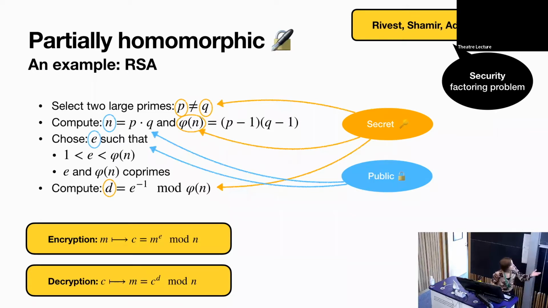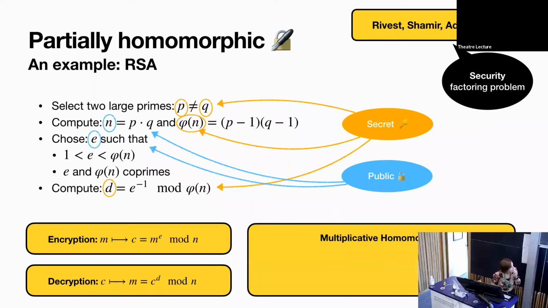But what is nice for RSA is that if you take two ciphertexts encrypted under the same public key, and you multiply them, like you multiply C1 times C2 without knowing the message or the secret, this will produce a ciphertext encrypting the product of the original messages. So this is what we call the multiplicative homomorphic encryption property.